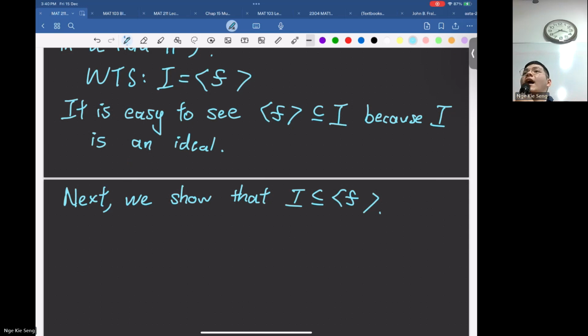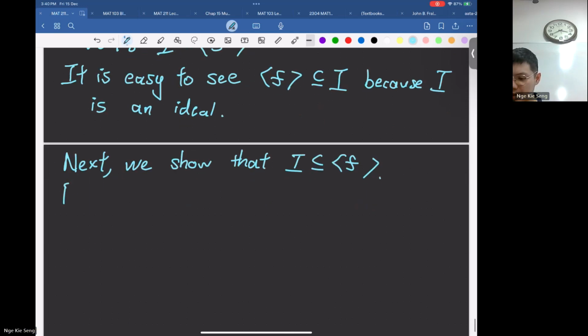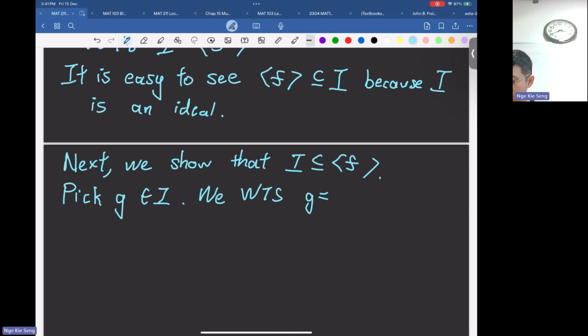Meaning I need to be able to write the element as a multiple of f. Okay, so what should I do? I take g in I. We want to show that g equals q' f, for some q' in the ring.